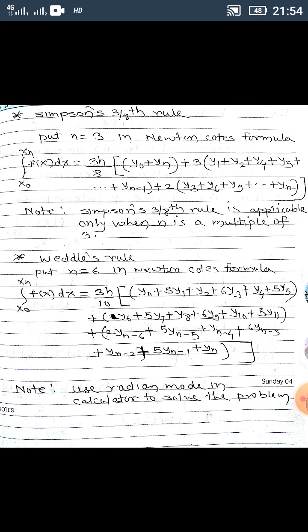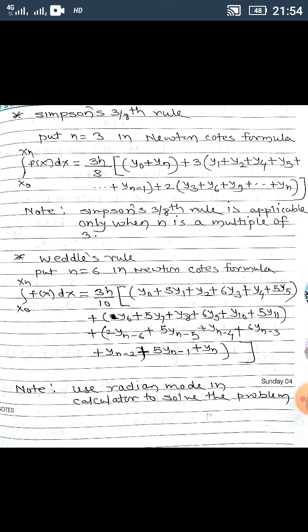Weddle's rule. Putting n is equal to 6 in the Newton-Cotes formula, we get the integral from x0 to xn of f of x dx as 3h by 10 of y0 plus 5y1 plus y2 plus 6y3 plus y4 plus 5y5 plus, in bracket, y6 plus 5y7 plus y8 plus 6y9 plus y10 plus 5y11 plus 2yn minus 6 plus 5yn minus 5 plus yn minus 4 plus 6yn minus 3 plus yn minus 2 plus 5yn minus 1 plus yn.